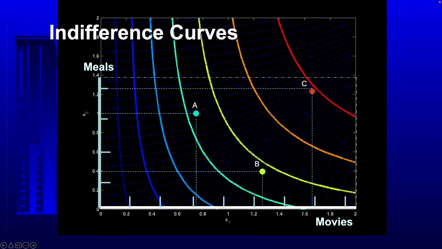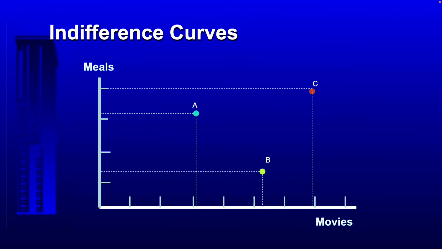Okay, so for any given contour, what we call an indifference curve, any point that is above the curve, that is to the right and above, is going to have higher utility than any point on the curve.